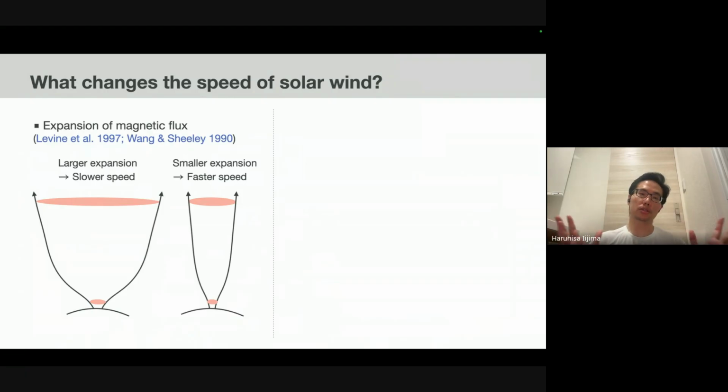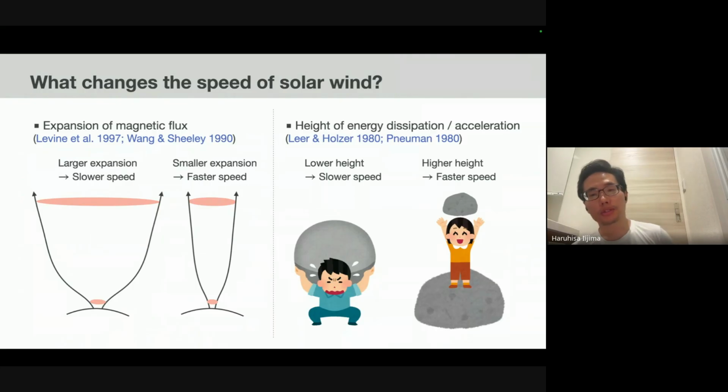If the expansion is small, then the energy is concentrated in a local space, and a faster solar wind will be produced. The other process is the height of the energy injection, energy dissipation, or acceleration of the solar wind.